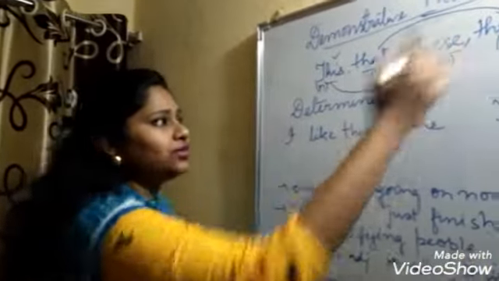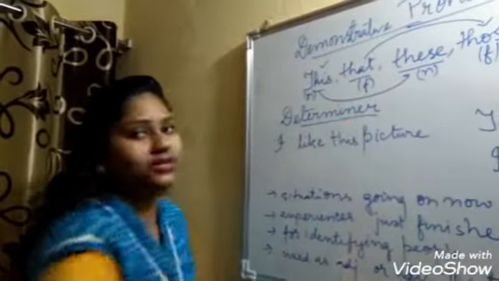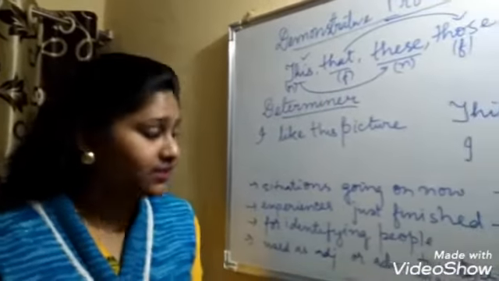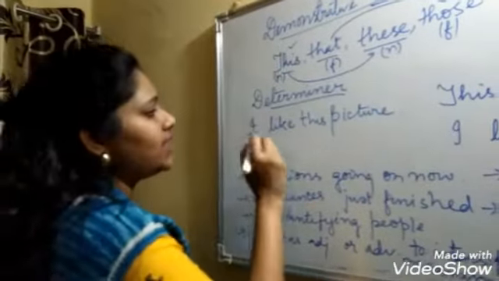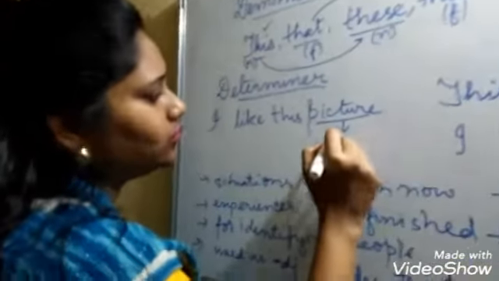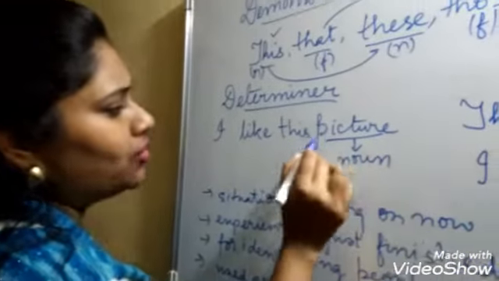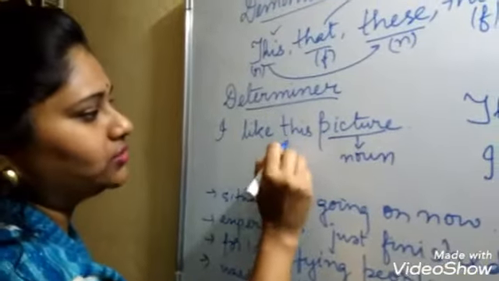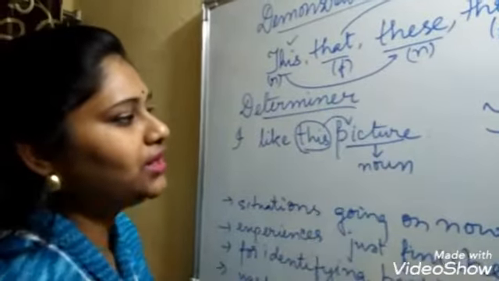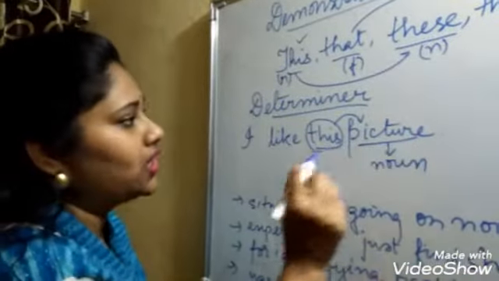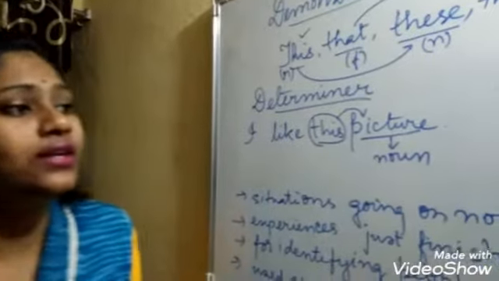Now you see these words, they can also be used as determiners. So what are determiners? Determiners determine or limit the meaning of the noun. So if I say I like this picture, picture is a noun. Which picture? This picture. So it is actually limiting the meaning of this word, so here it has been used as a determiner.